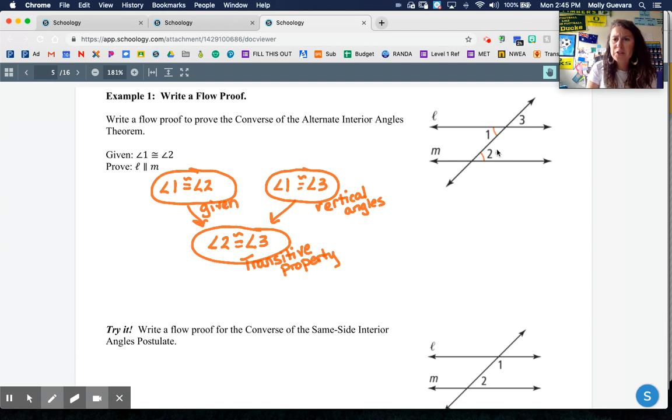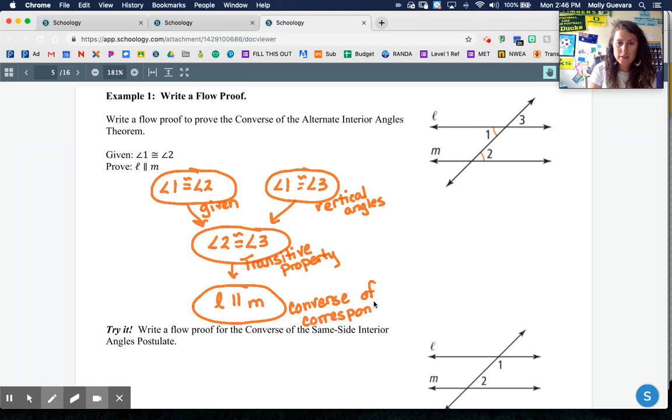Okay, so I'm looking here. If 2 and 3 are the same, then I know that lines L and M are parallel because there's a property for that. So I can say that L is parallel to M because of the converse of corresponding angles.